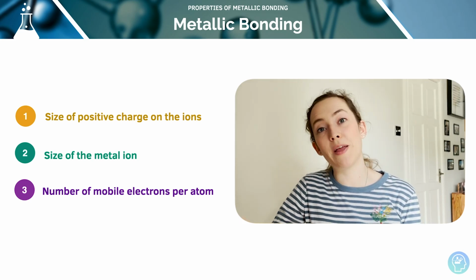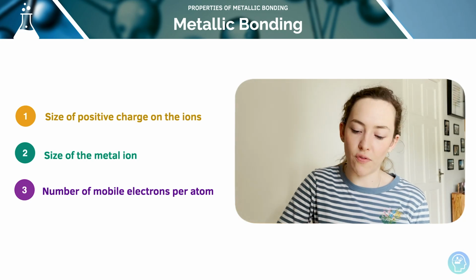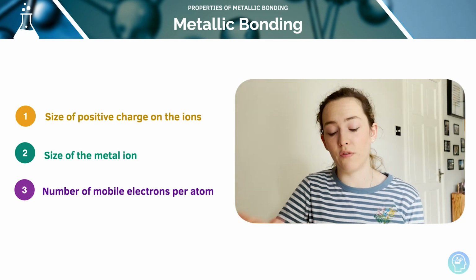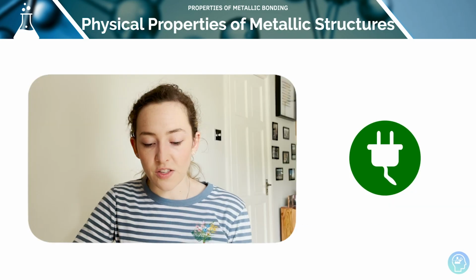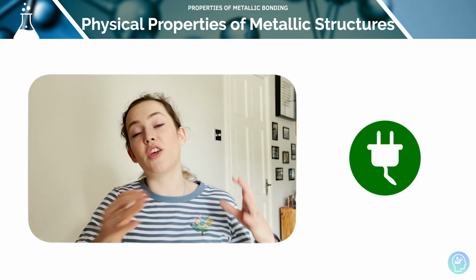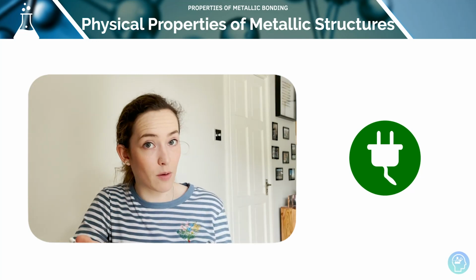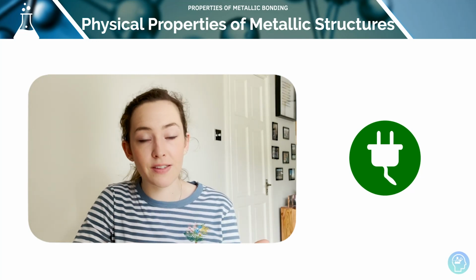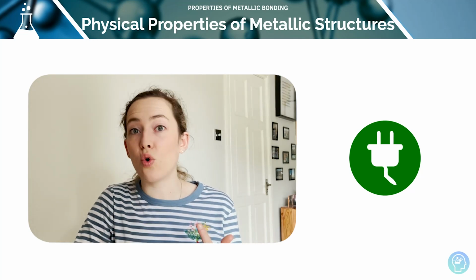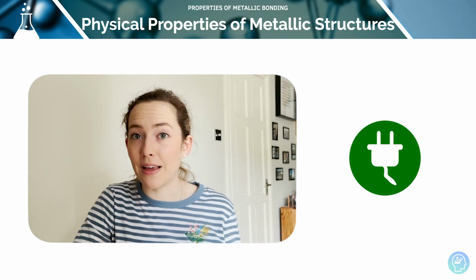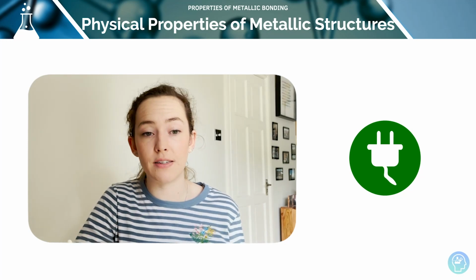So if we're in group 3, then we're going to be dropping 3 electrons off into the sea, as opposed to just 1 for group 1. So the arrangement of those ions and the electrons and how closely they're packed together is going to determine the melting and boiling points, the electrical conductivity, and the solubility. So there's quite a lot of physical properties to consider.